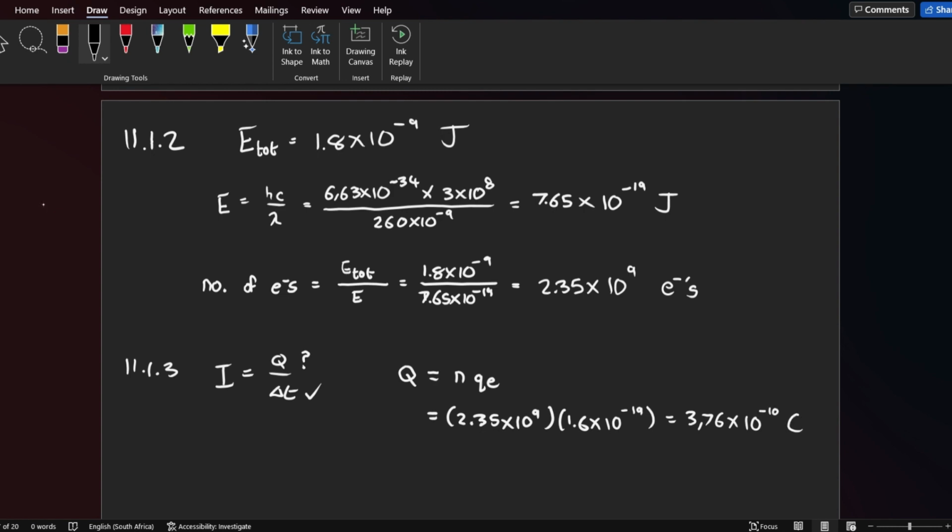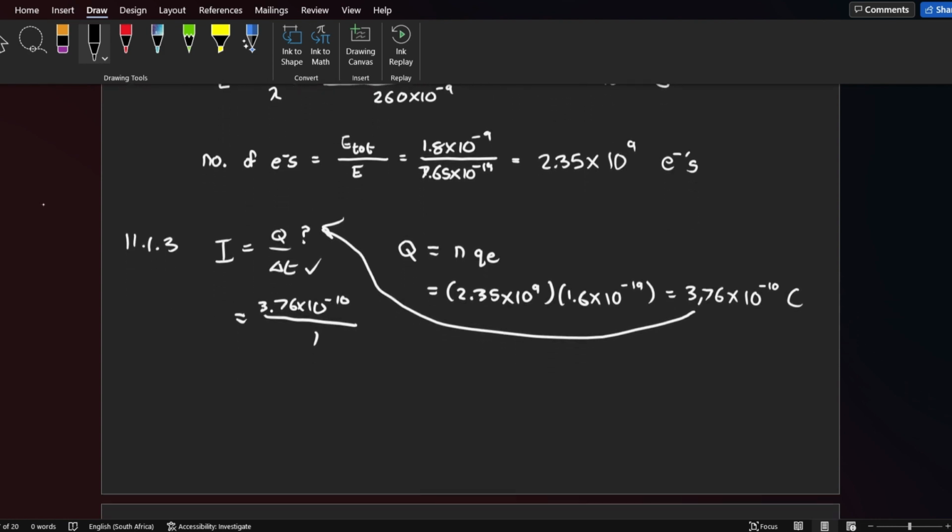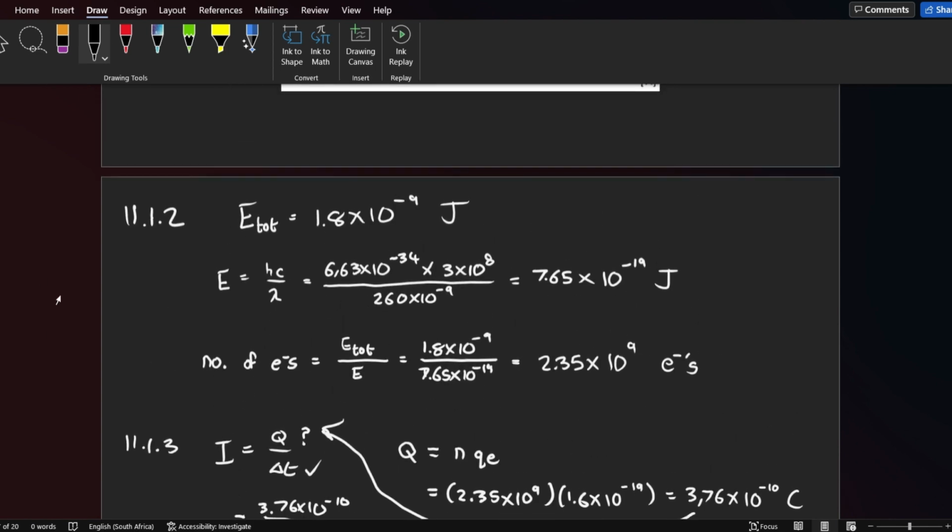So we can now substitute this charge value in order to calculate our current. So we say 3.76 times 10 to the negative 10 divided by 1 second, and obviously our answer will remain the same. It's just our units that will change slightly. So 3.76 times 10 to the negative 10, and this time it will be amps because they wanted the current in amperes.